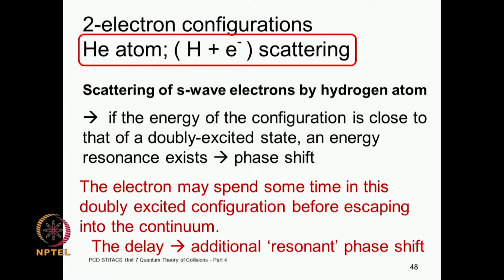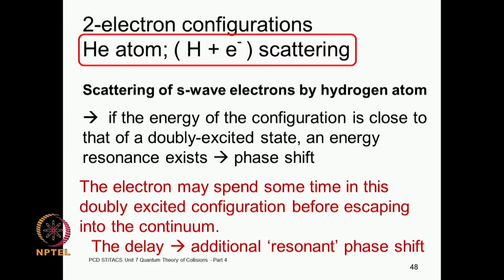What is going to happen is that the electron may spend some time in the excited state configuration before escaping into the continuum. The electron can of course escape into the continuum because energetically that is possible, but before it does so, it spends a little time in the doubly excited state.